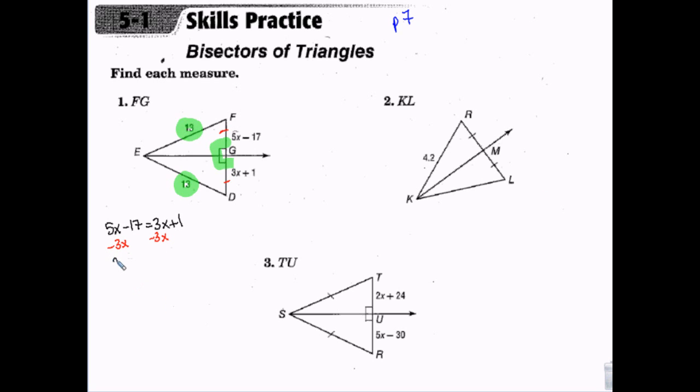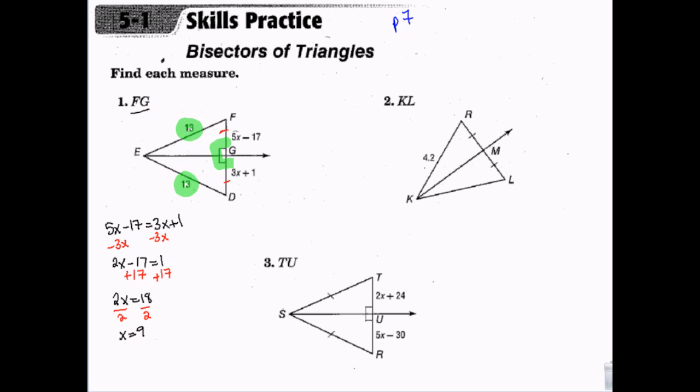So 2x minus 17 is equal to 1. Add 17 to both sides. 2x is equal to 18. Divide by 2. And x is equal to 9, but I didn't want to find x, I want to find FG.